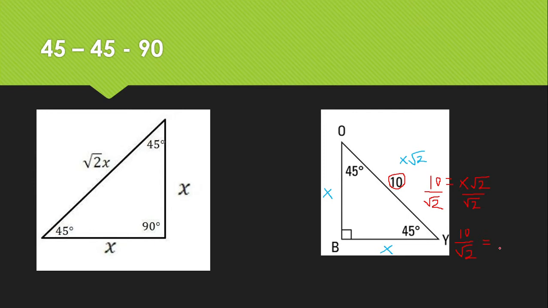Now, a lot of times teachers are going to have you do what's called rationalizing the denominator. That means you're going to multiply it by the radical part on the top and the bottom.